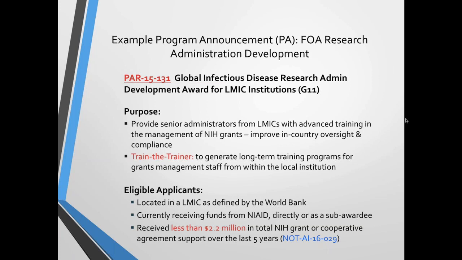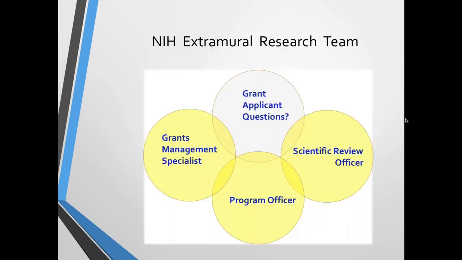One example, I'm just putting this up for administrators in particular. This is Global Infectious Disease Research Administrator Development Award for Low Middle Income Country Institutions, which is called a G11. And the purpose of this particular announcement, which is labeled PAR 15131, this particular FOA has expired, so it's an example.